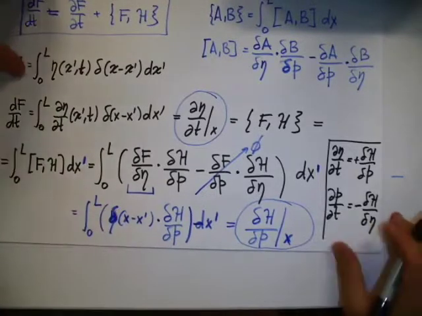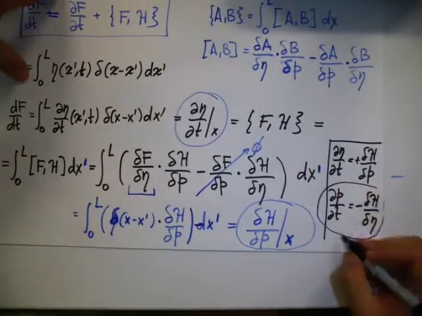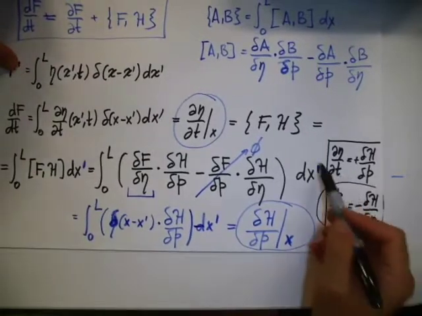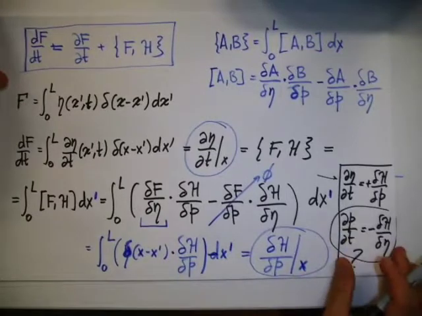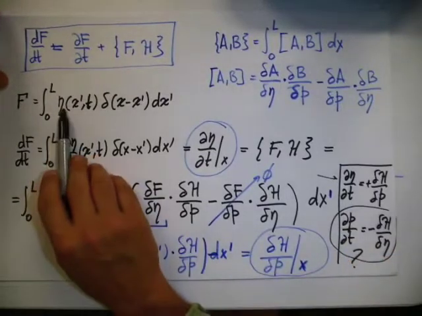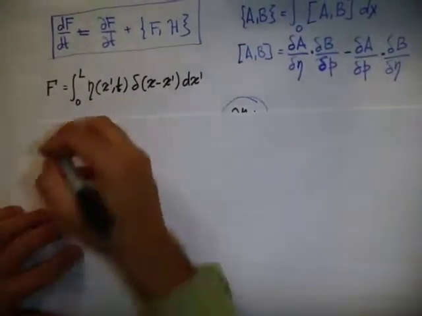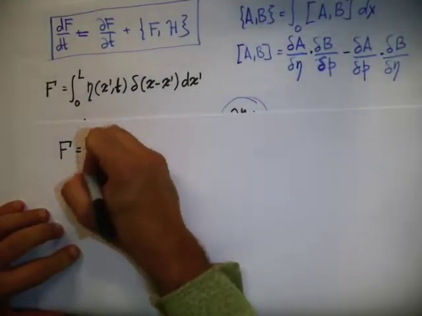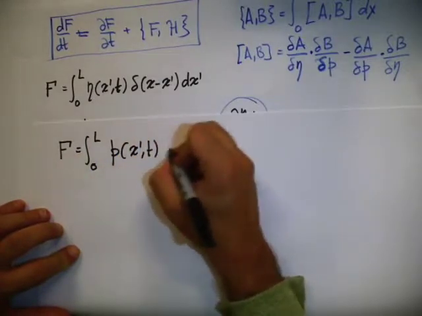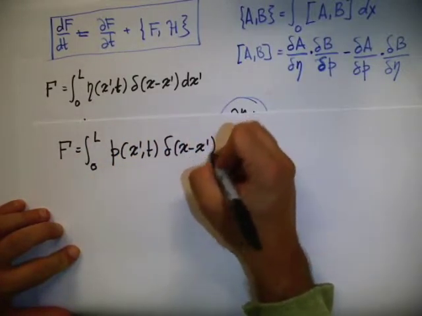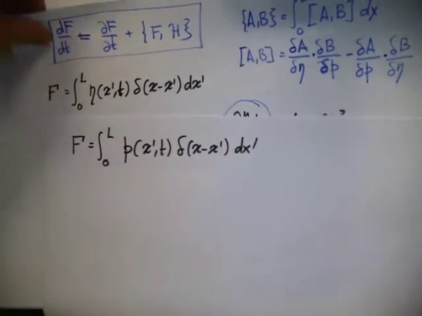The observable for the dynamics of p is going to be the same as this, I simply replace eta with p. So let's do it very fast: f equal integral 0 to L of p of x prime, t, delta of x minus x prime, dx prime.